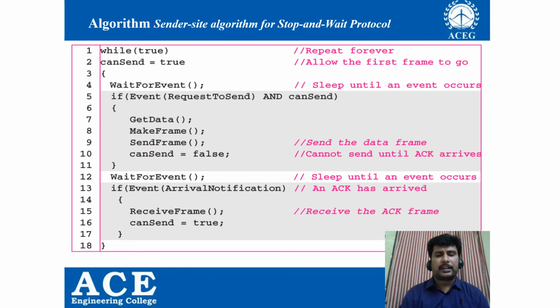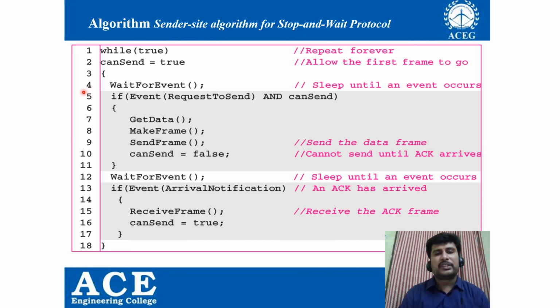Let us look at the algorithm of stop and wait protocol at the sender side. Initially, the data link layer is waiting to receive the datagram from the network layer. So initially the status of the data link layer is can send, meaning that I would like to send the data is true. Now it is waiting for the event of receiving data from the network layer.